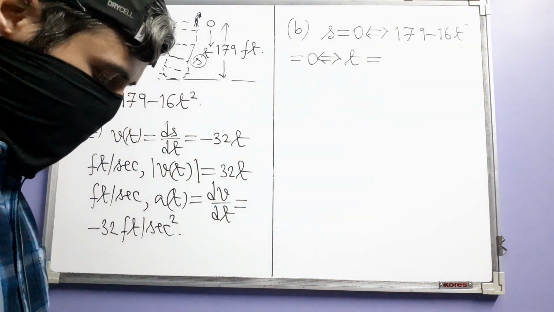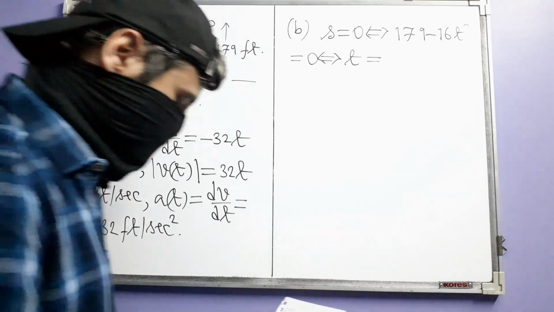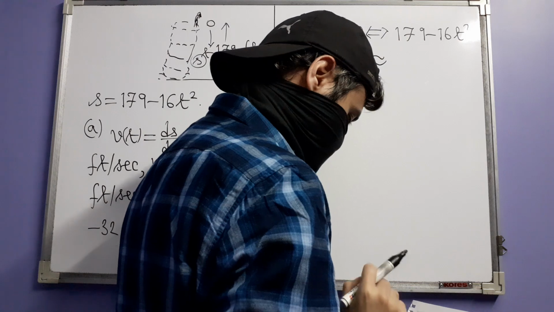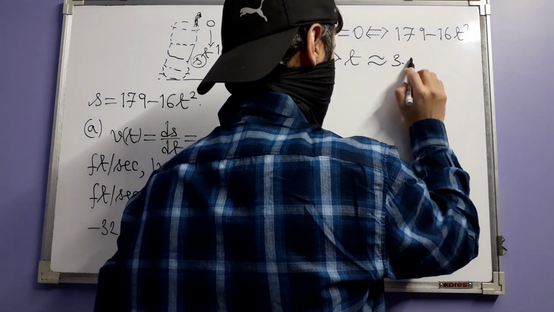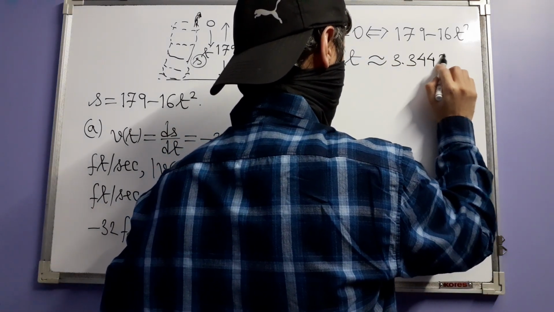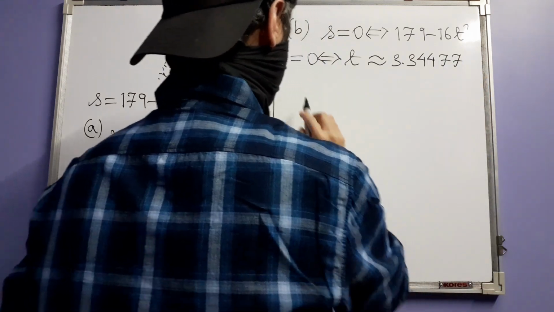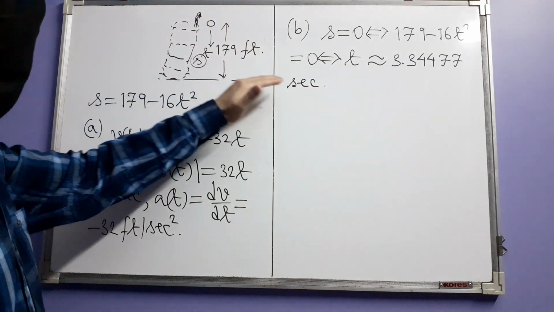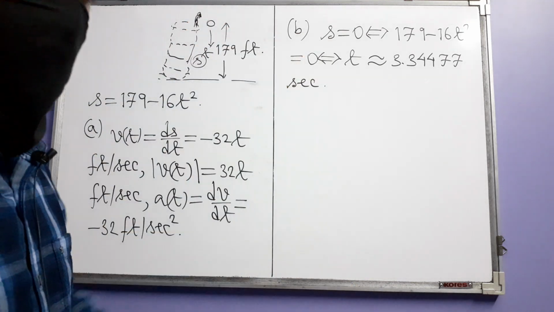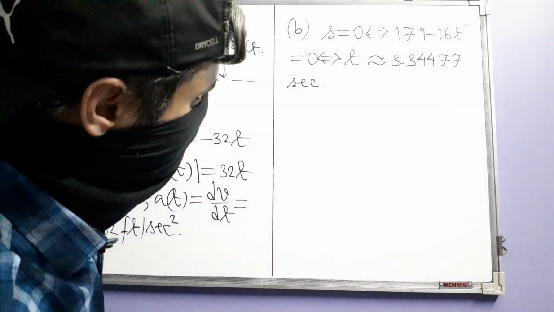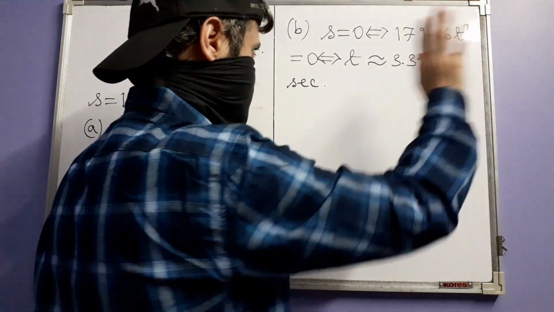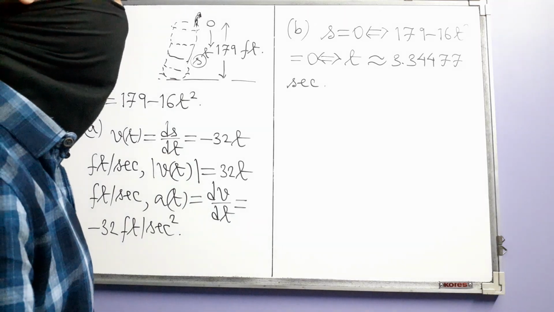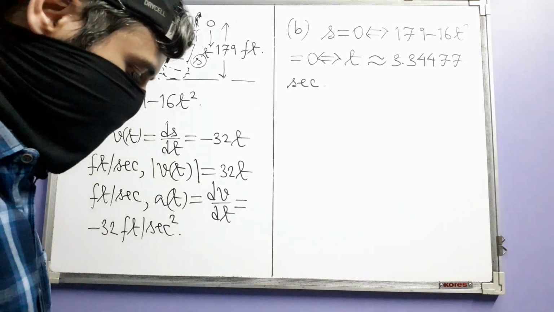So the value that you are going to get is approximate. It is something like this: 3.34477 seconds. This much time the cannonball is going to take to hit the ground, to come down fully. If you want, you can neglect some digits; I have shown 5 decimal digits, that's not necessary. Okay, so that is part B.